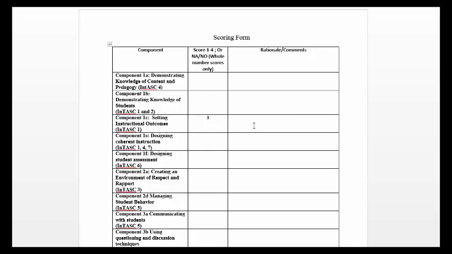Again, the whole purpose of this is to provide feedback to the candidate about why they are getting a level 3, what they need to do to improve, and what they did well that they can build on. That is really the whole purpose of this experience. Once you've completed the form for the candidate, please go through and provide a conversation, an overview of the scores to the candidate.